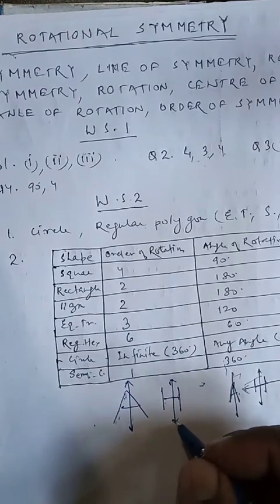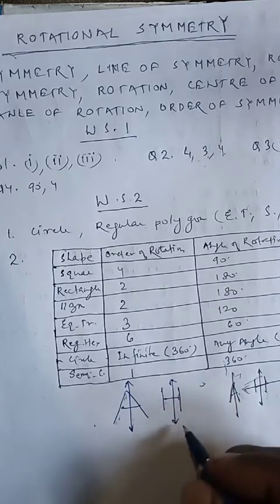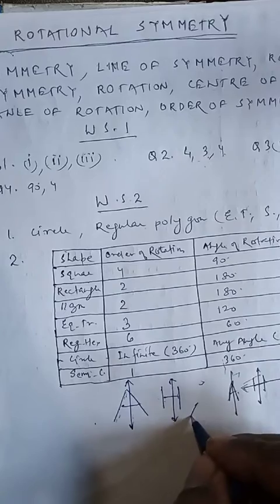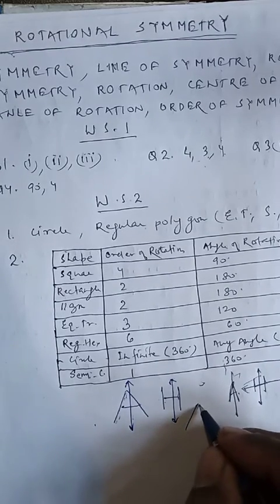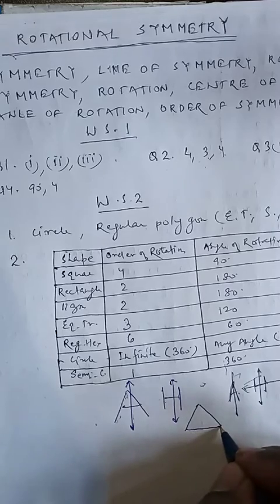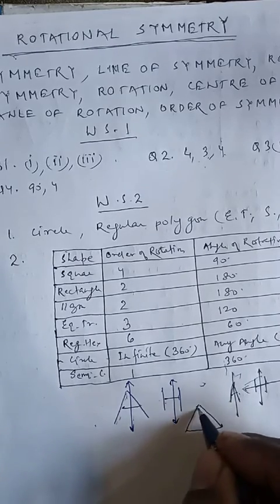Now, in this class 8, we have to study rotational symmetry. So, what is rotational symmetry? It means that if we rotate any figure by a given angle, then we again get the same figure.